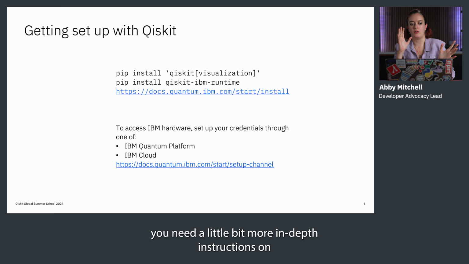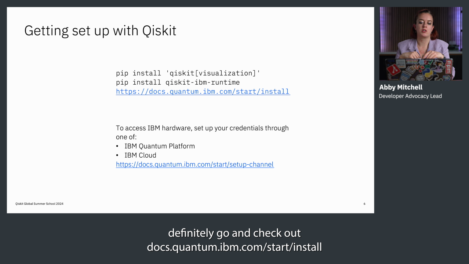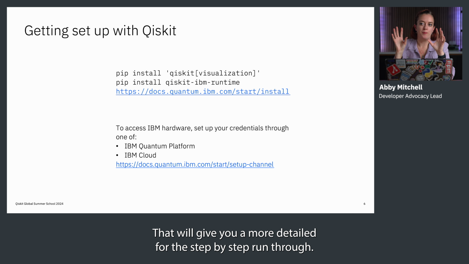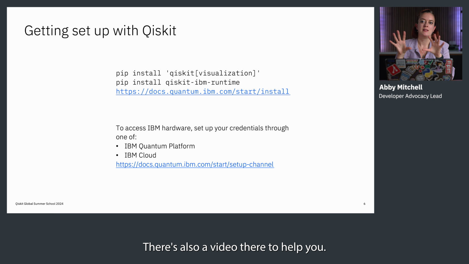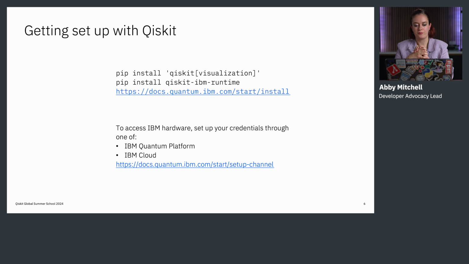And if you need a little bit more in-depth instructions on how to do these installations, how to get your Python environment set up, definitely go and check out docs.quantum.ibm.com/start/install. That will give you a more detailed step-by-step run through. There's also a video there to help you if you are not familiar with the installation process.